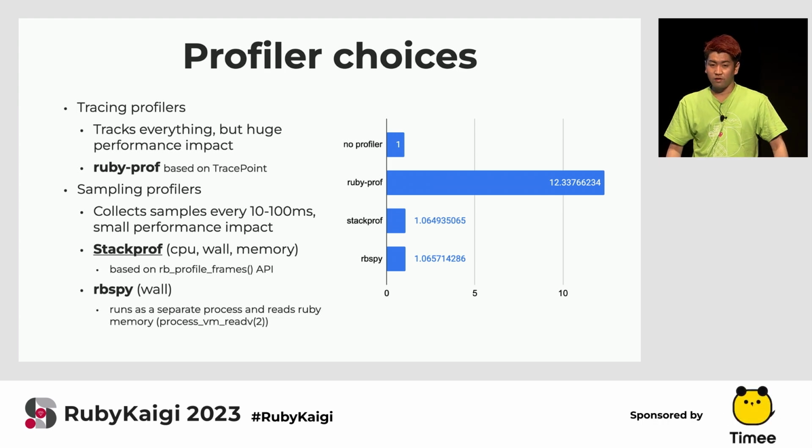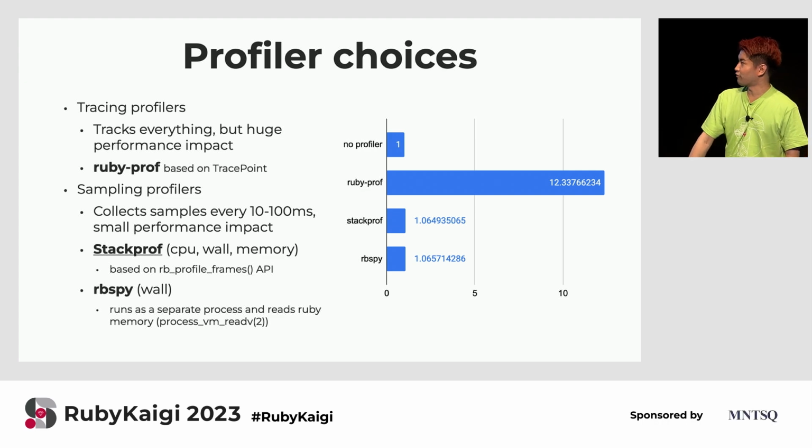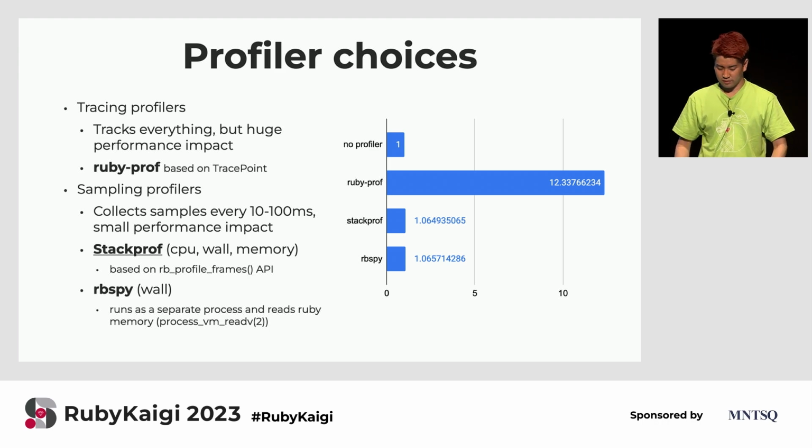Fortunately, we have a lot of profiler choices in Ruby. There are so many profilers to choose from. This isn't limited to Ruby. Profilers can be categorized into tracing profilers, which track every single function call, every single piece of code running, but they tend to have a big performance impact.